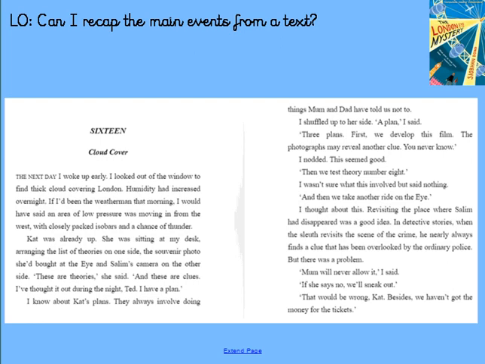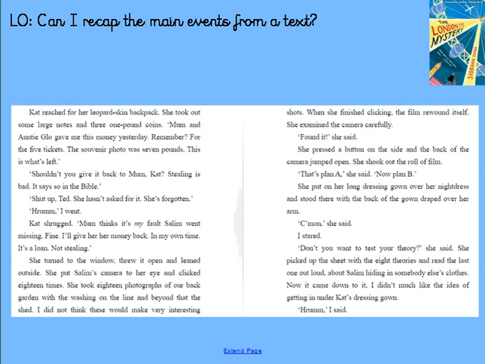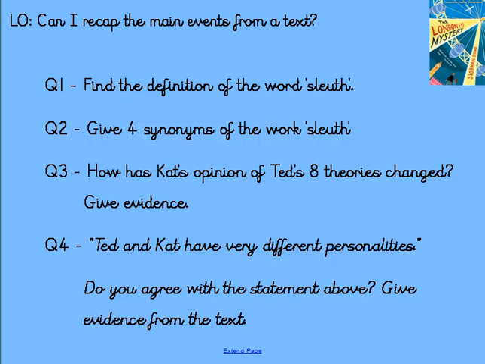So those two pages, up until the part where they're just about to go and test the theory that Salim could have hidden under somebody else's clothing. That's the only part I need you to reread today, and then four questions.